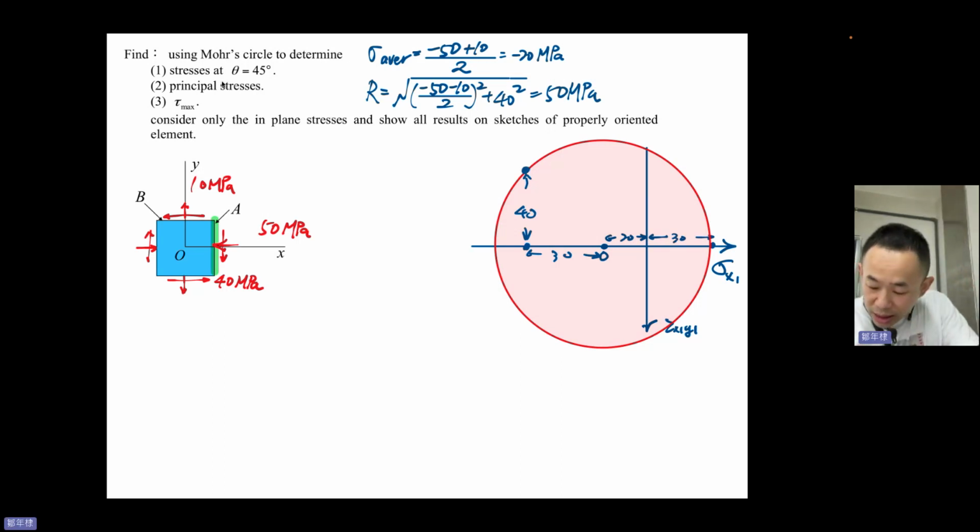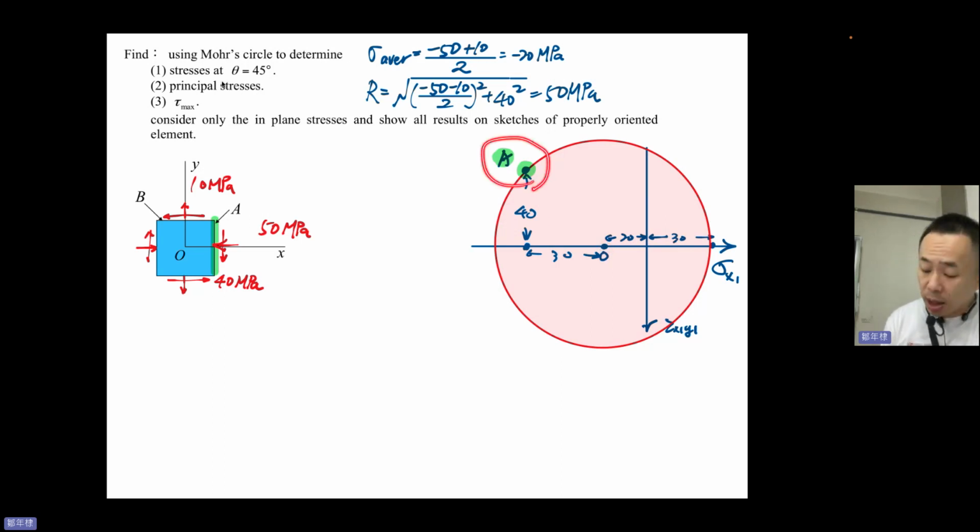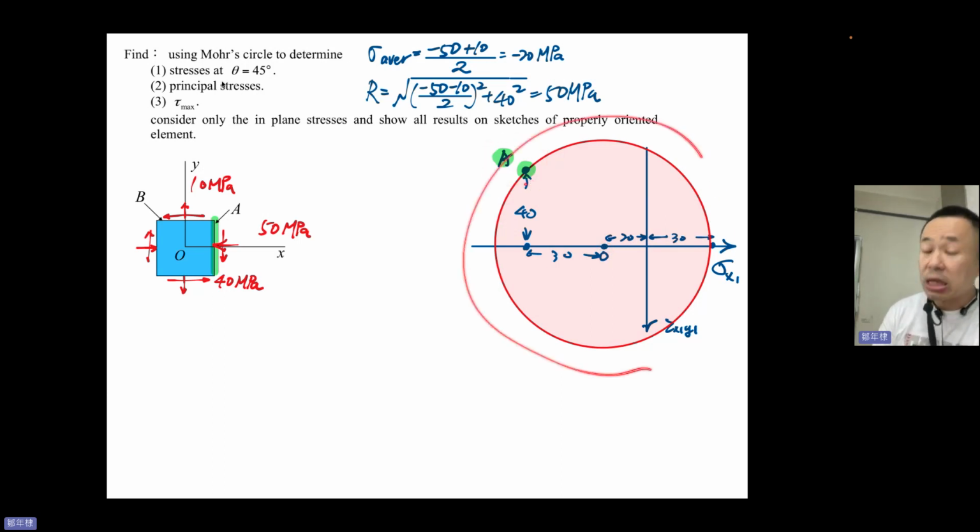So this should be A. Can you follow me? You see, this is O, and after we set, we need to next set point A. The point A in this space, the coordinate component is actually the value of these two values, right?